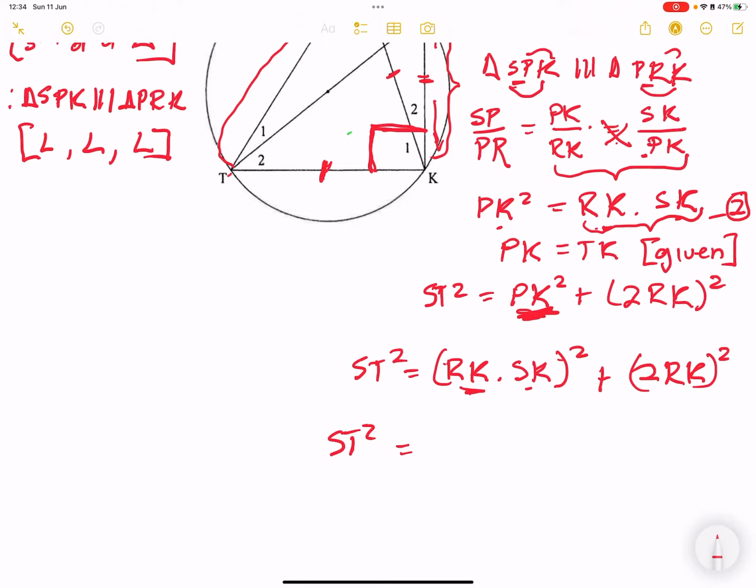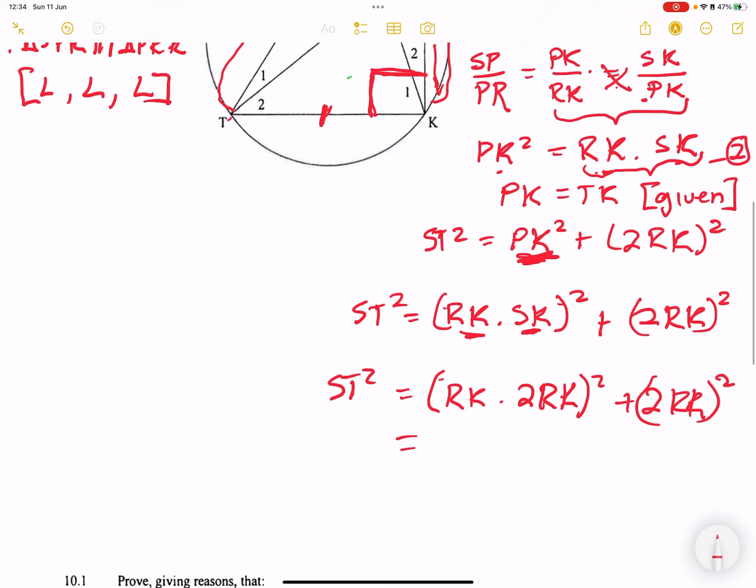So that means this is going to be RK times 2 times RK, all squared plus 2 times RK all squared. I'm sure you can see that we are almost there, ladies and gents.